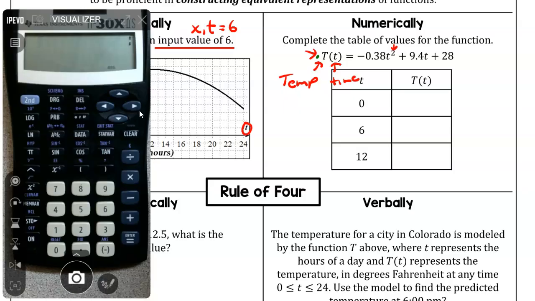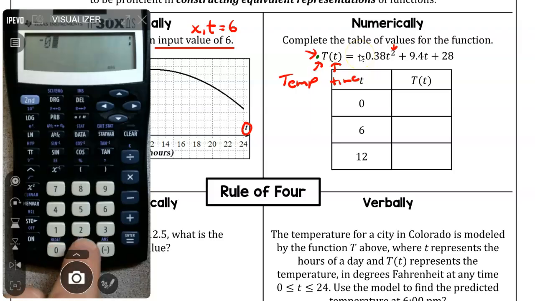One of the very important things to start off with is that there's a difference between the subtraction button right here and a negative button. If you have a negative to start off your function, like right here, this technically isn't subtraction, it's a negative. So we have to hit the negative at the beginning of a function if it has it there.